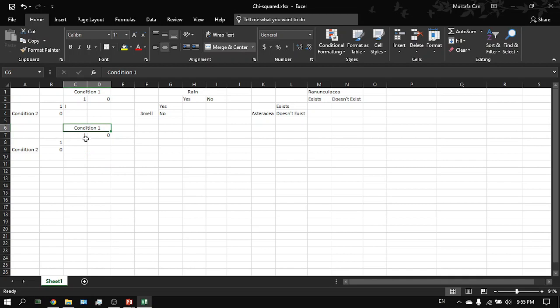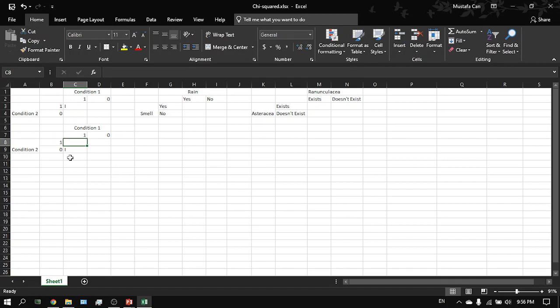You would see whether condition 1 is met or condition 2 is met or not. Assume that condition 1 is met but condition 2 is not, so you would mark here. You take a lot of measurements like this, 15, 30, it doesn't matter.